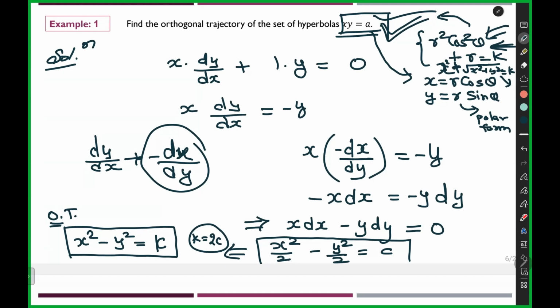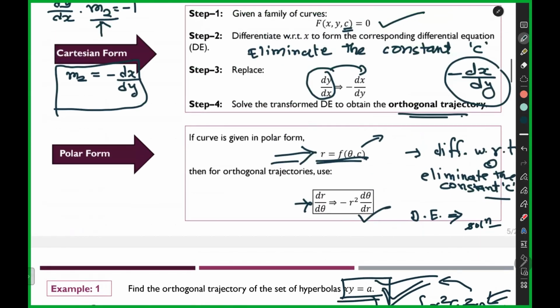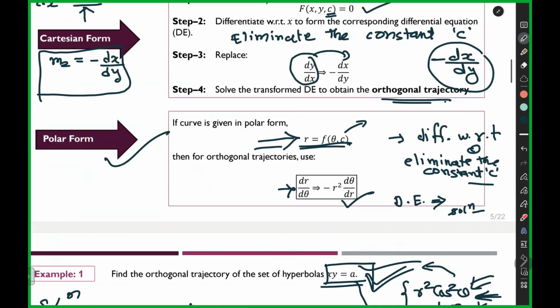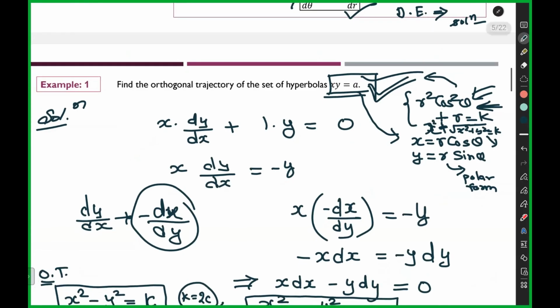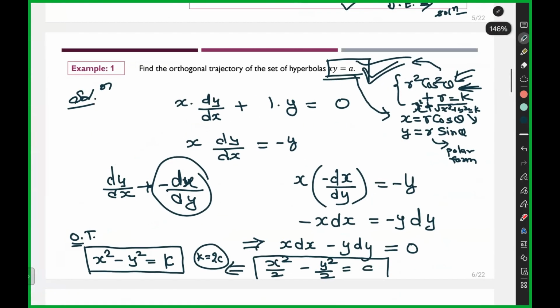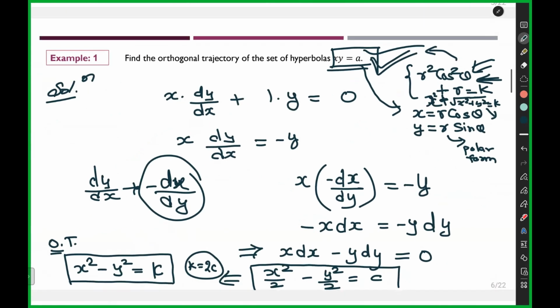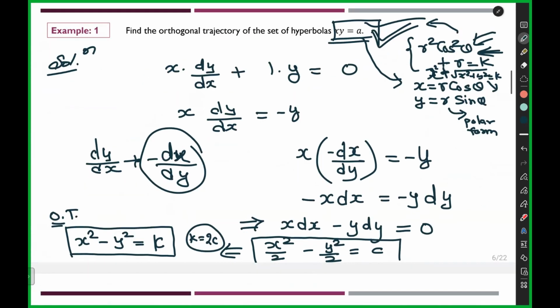So you can directly go with this formula: you have to find dr by d theta, and simply replace dr by d theta with minus r square d theta by dr, right? It is given in the question itself whether you have to use the polar form or the Cartesian form. Fine.